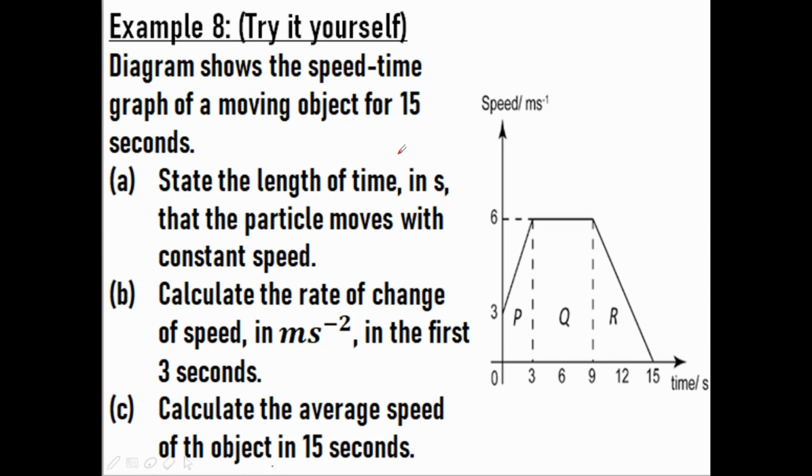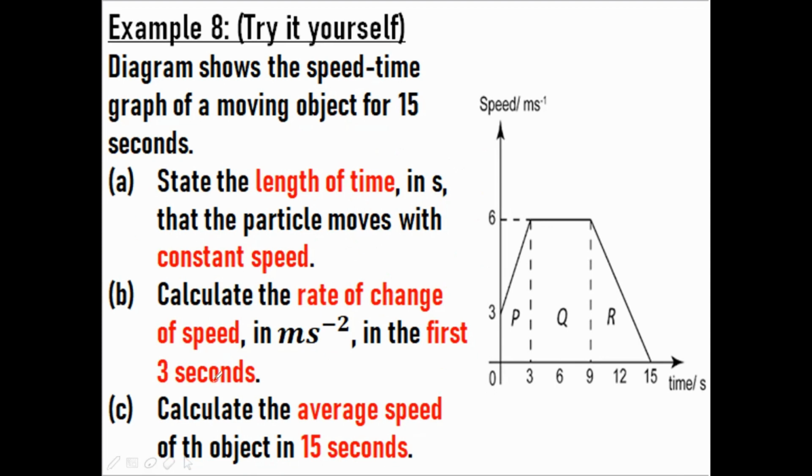To do this kind of question, we have to highlight the keywords. For A, the keywords are length of time, move with constant speed. We have to identify what type of graph this is. This is a speed against time graph. For a speed against time graph, if you want to find the constant speed, that means it is a flat line here.